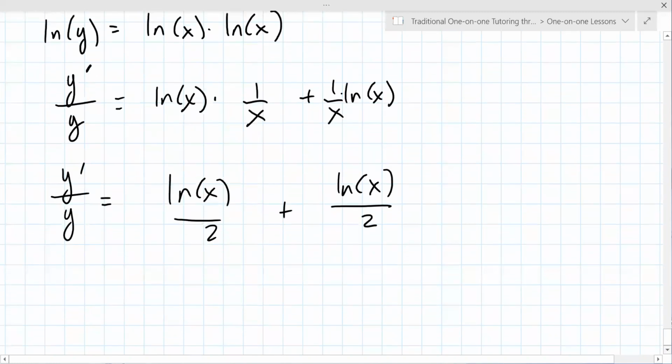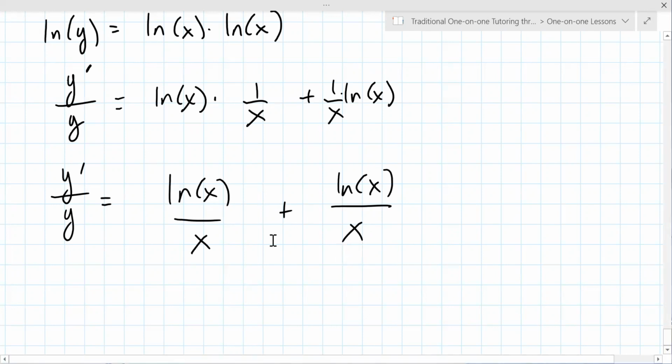Okay, so y prime over y equals 2 ln x times 1 over x. That's where I am. Right. So they just simplified natural log of x over x. But I wrote a 2 accidentally.